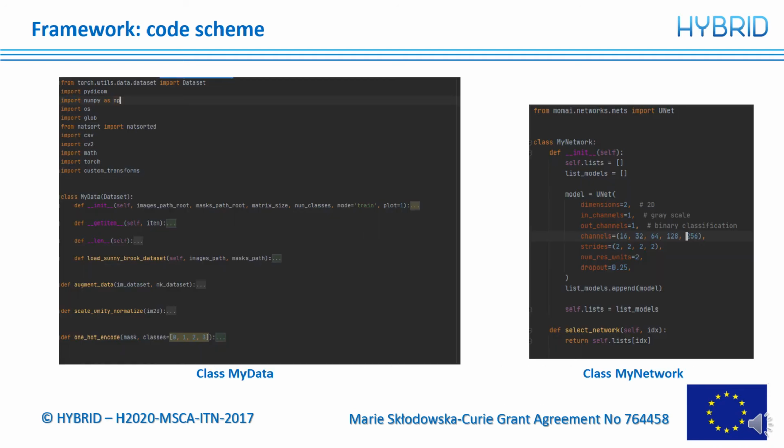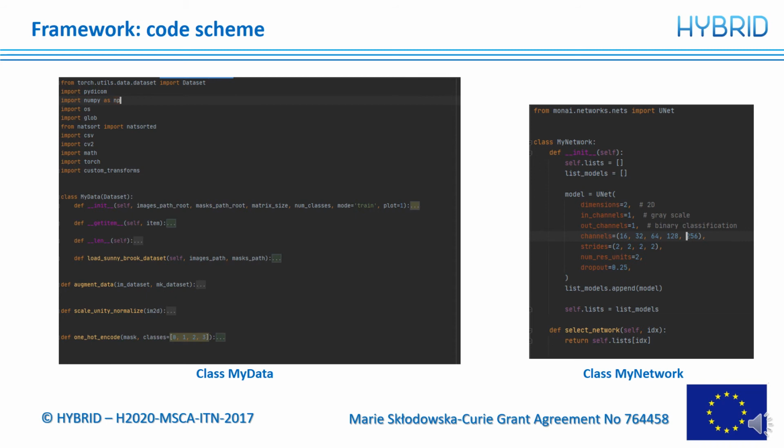Talking in more detail about my own classes, here we have my data class and my network class. As I said before, my data was used to feed the DataLoader from PyTorch, so I need to create this class in a way that it inherits the properties from Dataset from PyTorch.